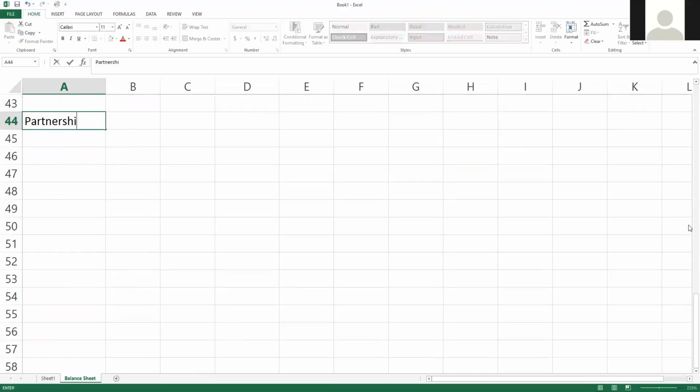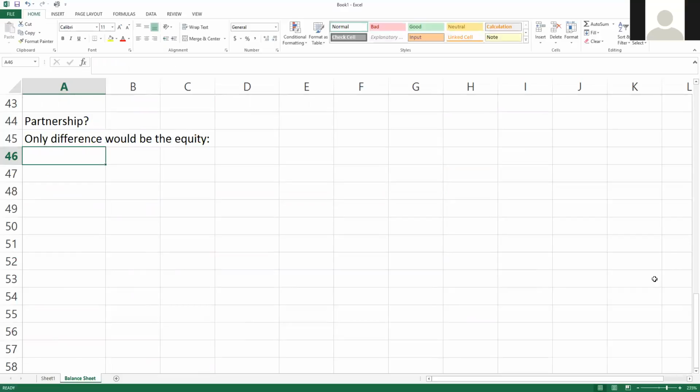What if it was a partnership? The only difference would be the equity. You would say, I got to give our partners names.